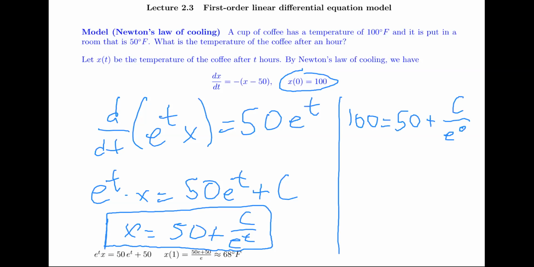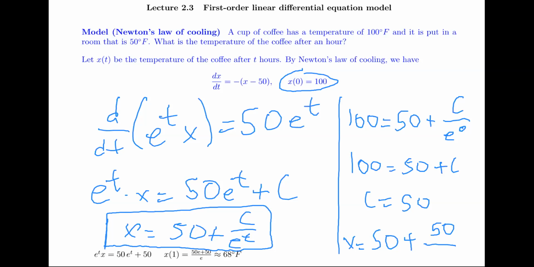So e to the 0th is 1, so this says 100 is equal to 50 plus c, or in other words, c is equal to 50, which gives us x is equal to 50 plus 50 divided by e to the t. And this is the solution to the initial value problem. X is equal to 50 plus 50 over e to the t.